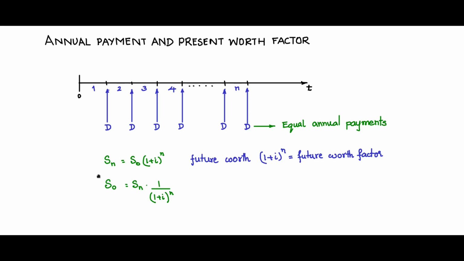So this one goes down. 1 by (1 plus i) to the power of n is called the present worth factor. S0 is now representing the present worth of the future value Sn.